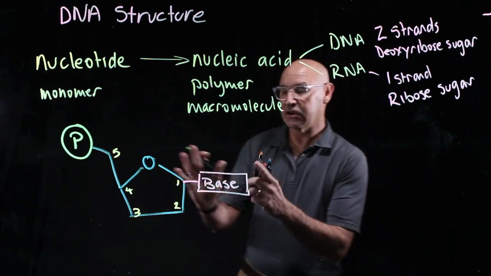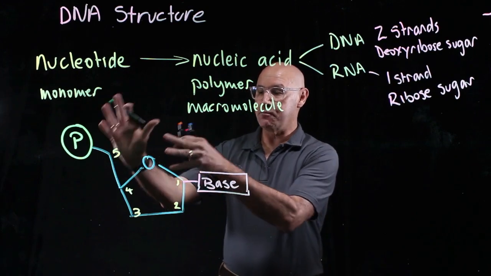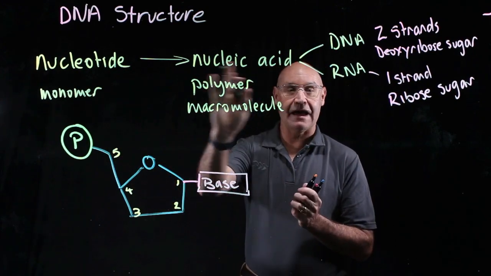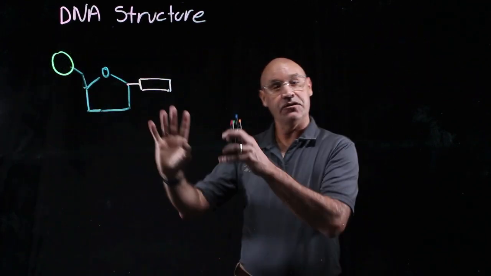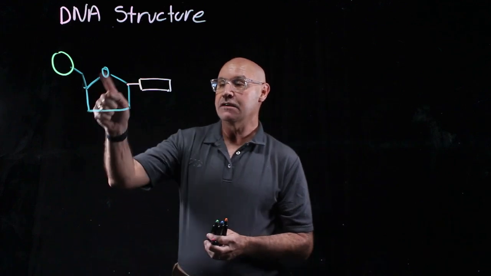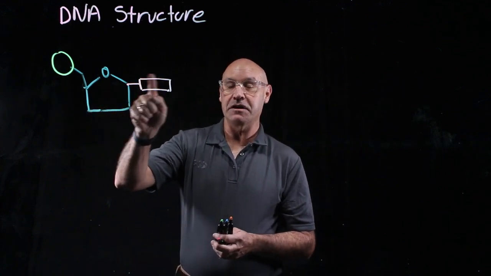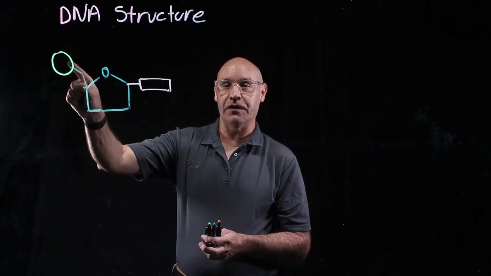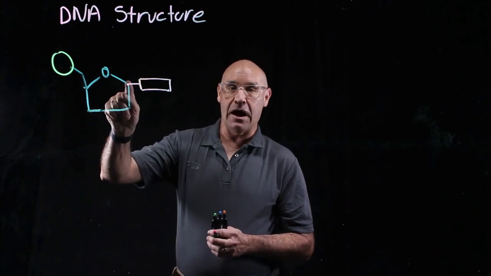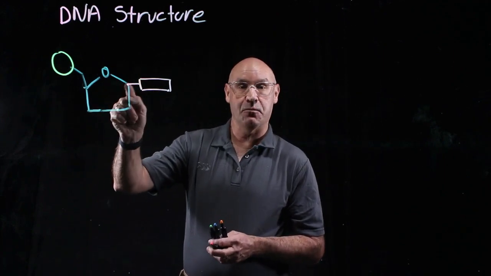Now, next thing I need to show you is how we put these together to form a nucleic acid. So this is our nucleotide, and remember it's got the three parts. You've got your sugar ring, you've got your base, and the phosphate. And we also numbered the carbons. So this is carbon 1, and the base comes off carbon 1.